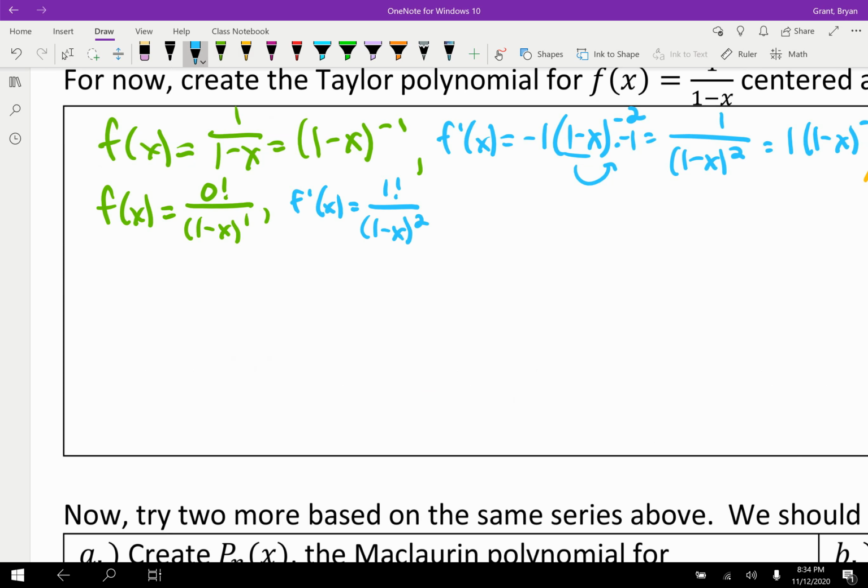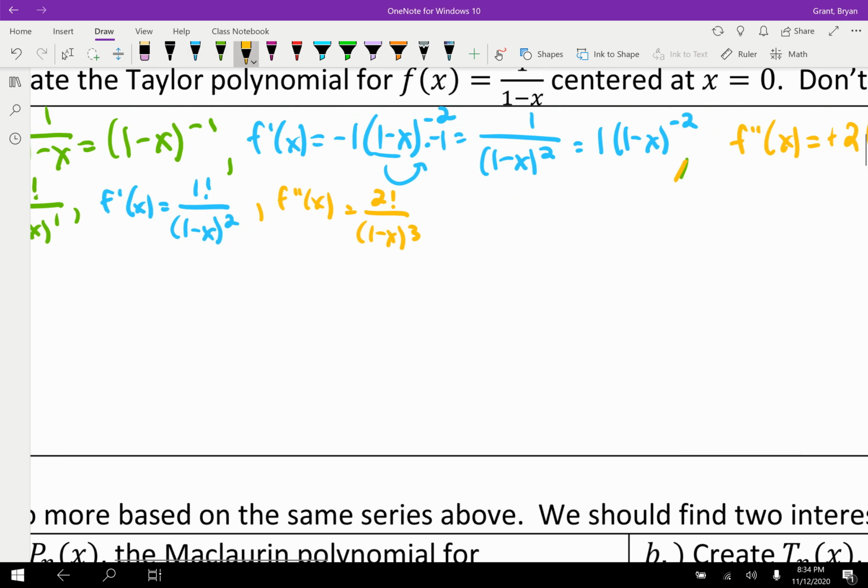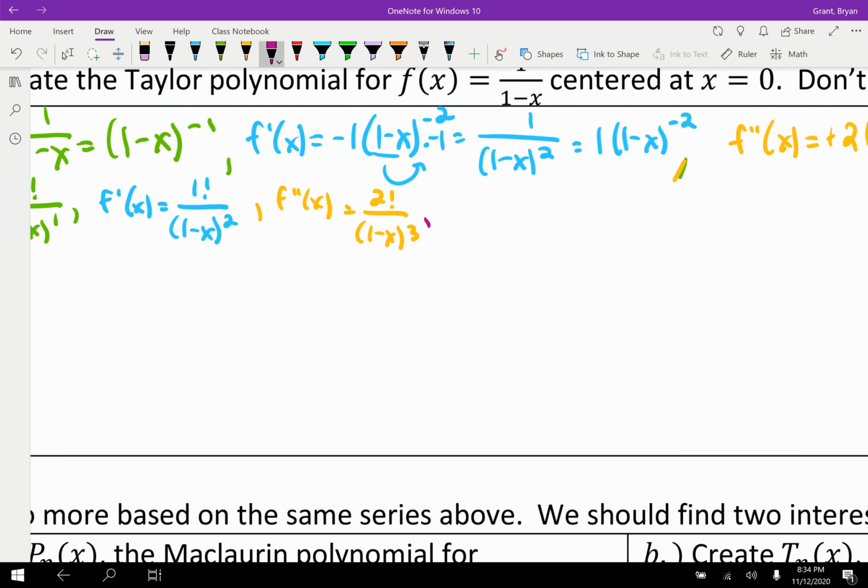My second derivative becomes 2 factorial over 1 minus x cubed. That is my second derivative, isn't it? Yep. And then my third derivative becomes 3 factorial over 1 minus x to the fourth. And let's just go one more for fun. The fourth derivative will be 4 factorial over 1 minus x to the fifth.